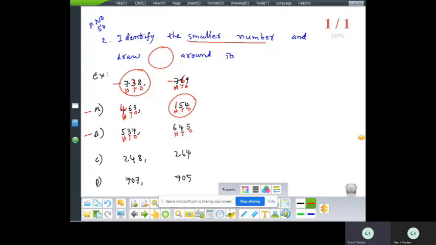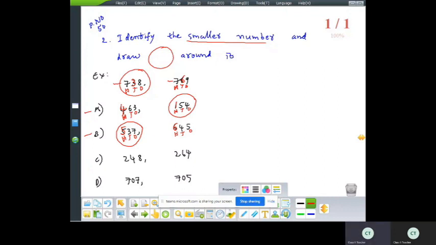Now we compare the digits in the hundreds places. The digits are 5 here and 6 here. From 5 and 6, which is the smaller one? 5 is smaller than 6. Then 537 is the smaller number.